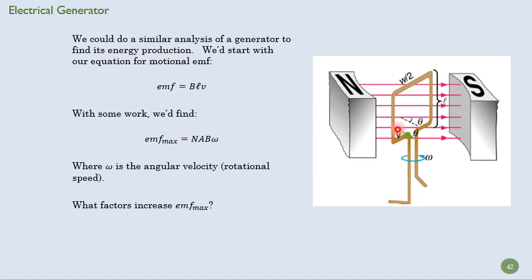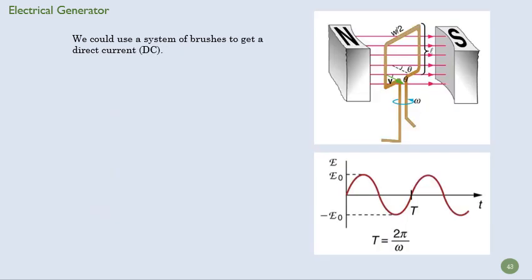And again, with this situation, there are going to be parts of this cycle where there is not much, or where there's actually zero EMF. And then you're going to have a big EMF positive, zero, big EMF negative, zero, big EMF positive. Now you can solve that with brushes, as we did with a motor, or you can just accept that it's going to give you an alternating current.